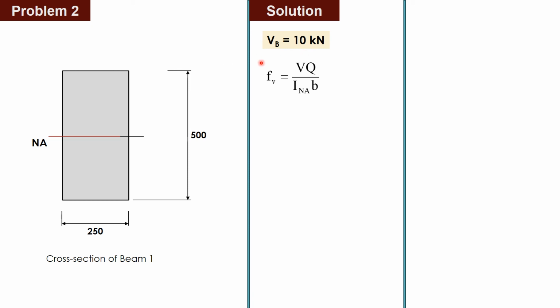And using this formula, so this is FB equals VQ over INAB. So we will use the general formula, not the formula for maximum shear stress kasi hindi naman maximum yung pinapasolve sa atin.